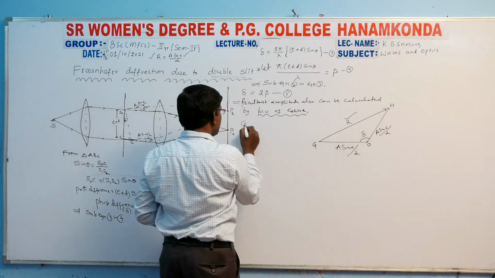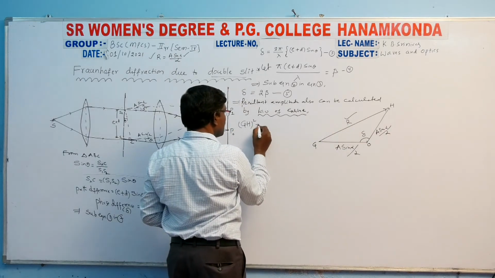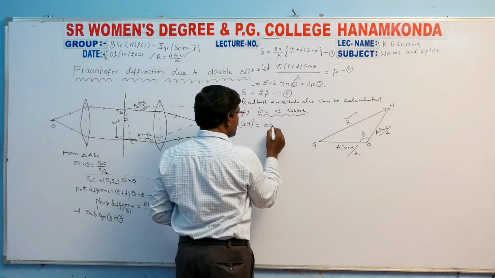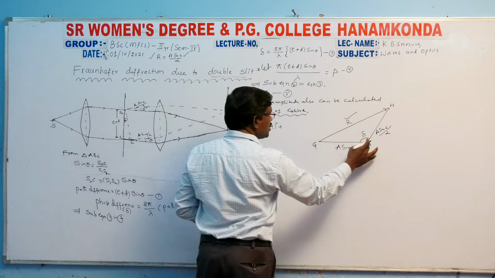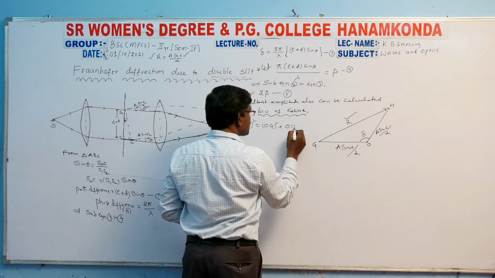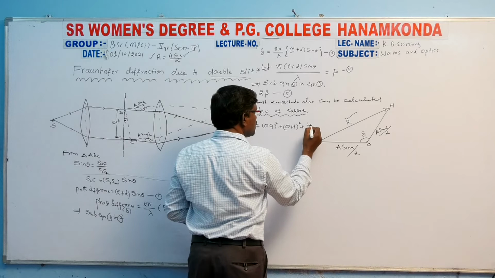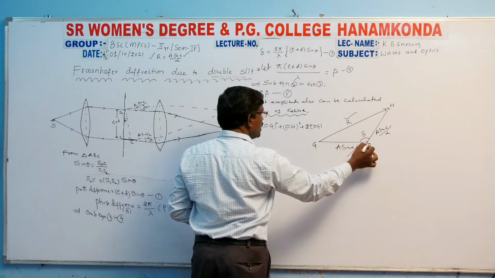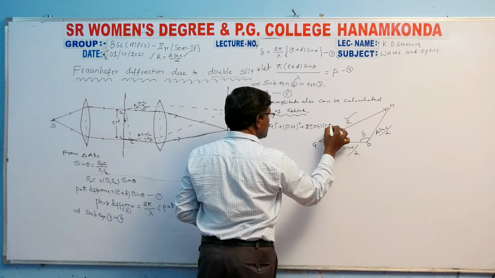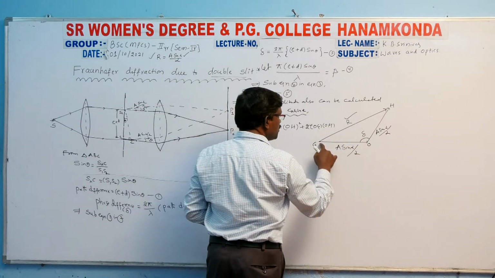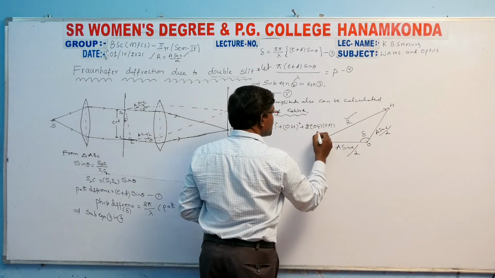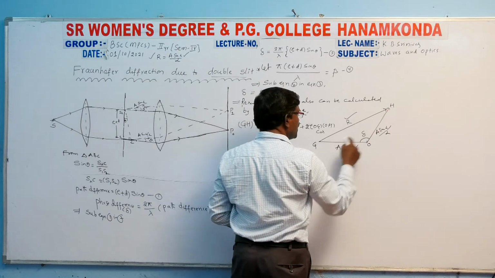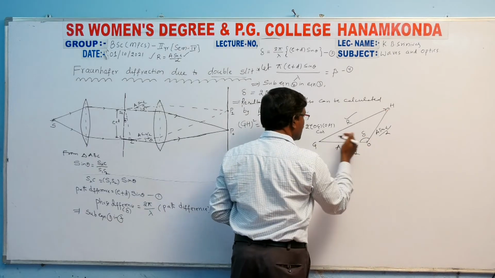GH square is equal to OG square plus OH square plus 2 into OG into OH into cos of the angle between OG and OH. What is the angle between OG and OH? That is delta. Cos delta.